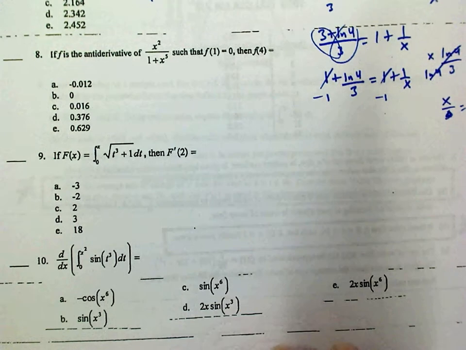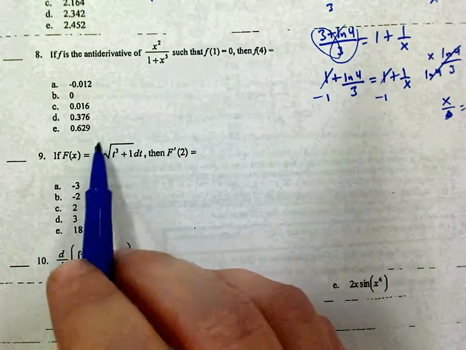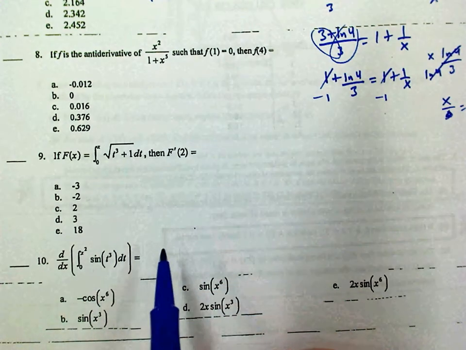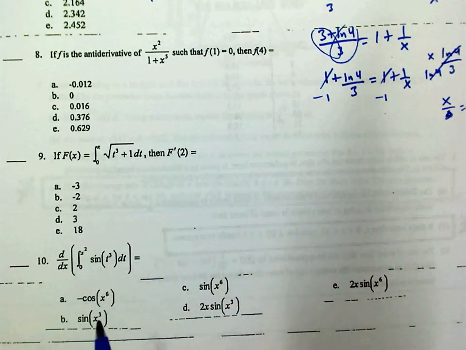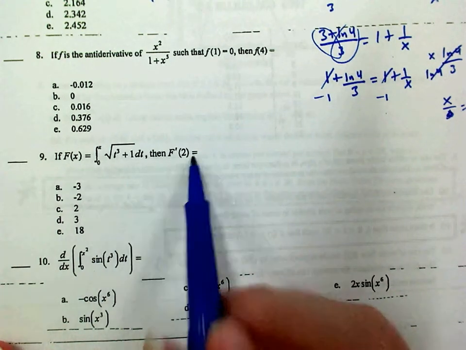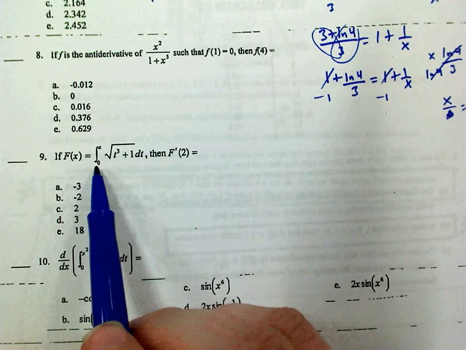Okay. If f of x equals the integral from 0 to x of the square root of t cubed plus 1 dt, then f prime of 2 equals what? So they're asking me to find the derivative and then plug in 2. So what's the derivative of the integral from 0 to x?